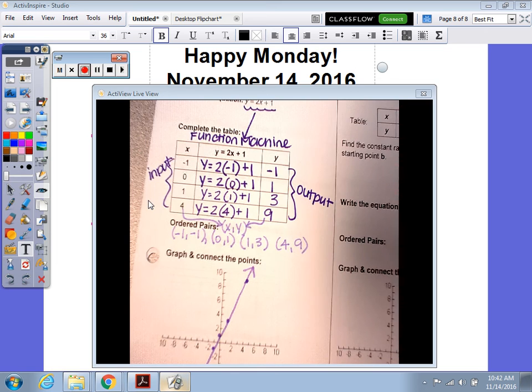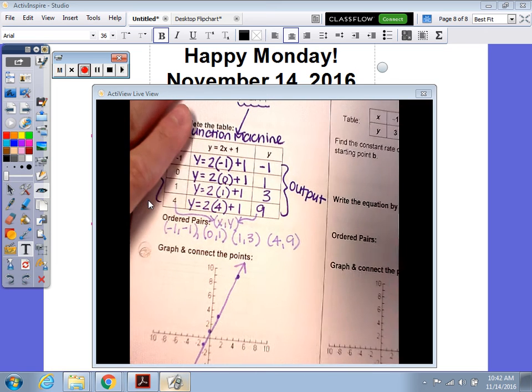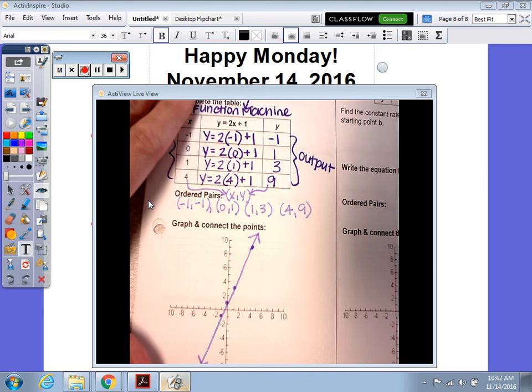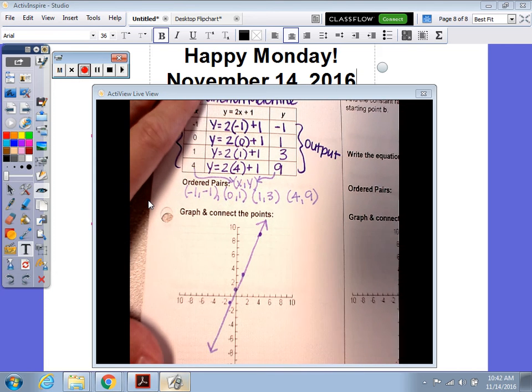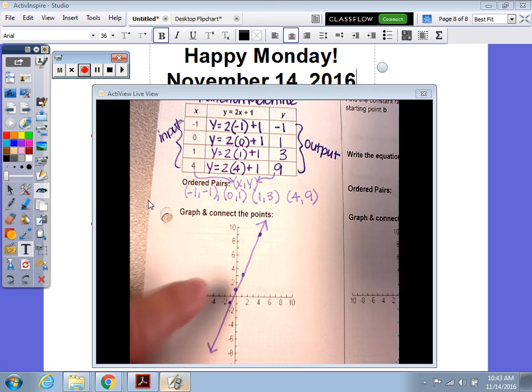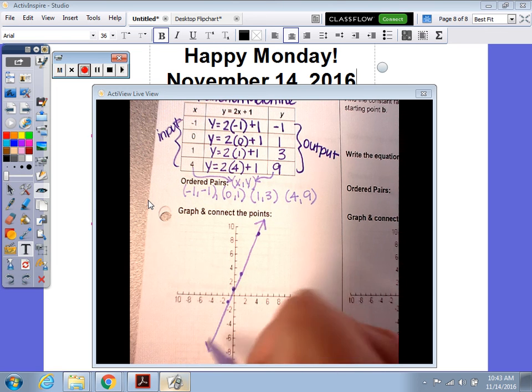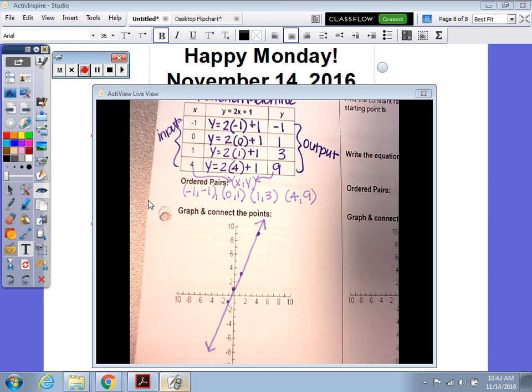It'd be helpful if you could see it. Alright, so that's how you find it, and as you can see, this graph does not connect through the origin. In fact, it starts at 1. That's where my graph, this purple line, crosses the y-axis, and that's your starting point.